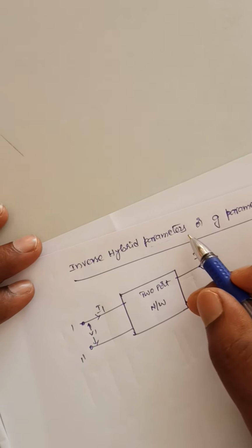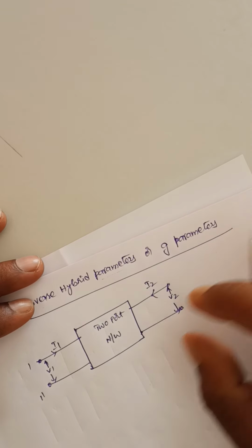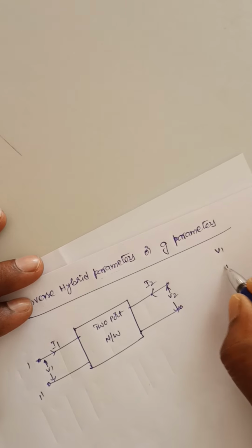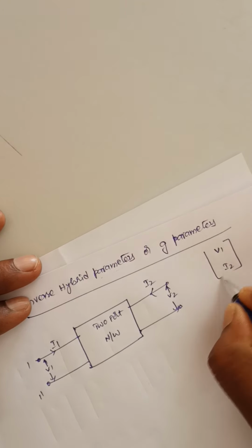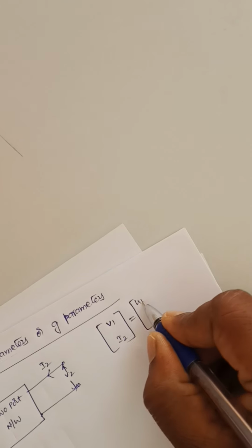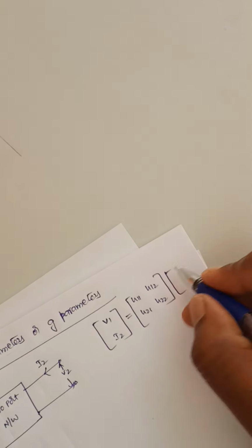Inverse hybrid parameters means normally the relation between the voltages, currents and hybrid parameters is [V1 I2] equal to the matrix H11, H12, H21, H22 times [I1 V2].